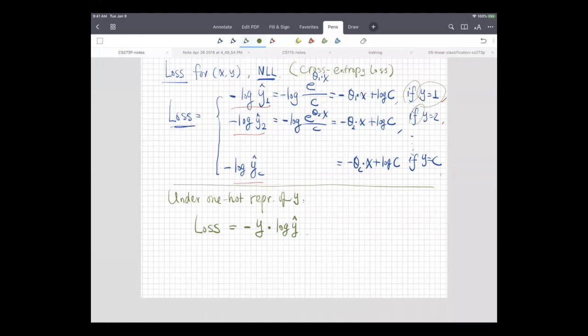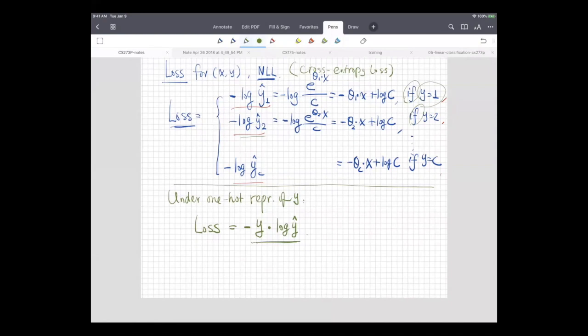That's exactly this component here. Similarly, the same logic applies to the second component, because only the second entry is 1 and all the rest are zeros. You can see this is exactly the same as the loss function here. But by doing that, I do not need to use this if statement, and that is a very concise way to represent this loss function.